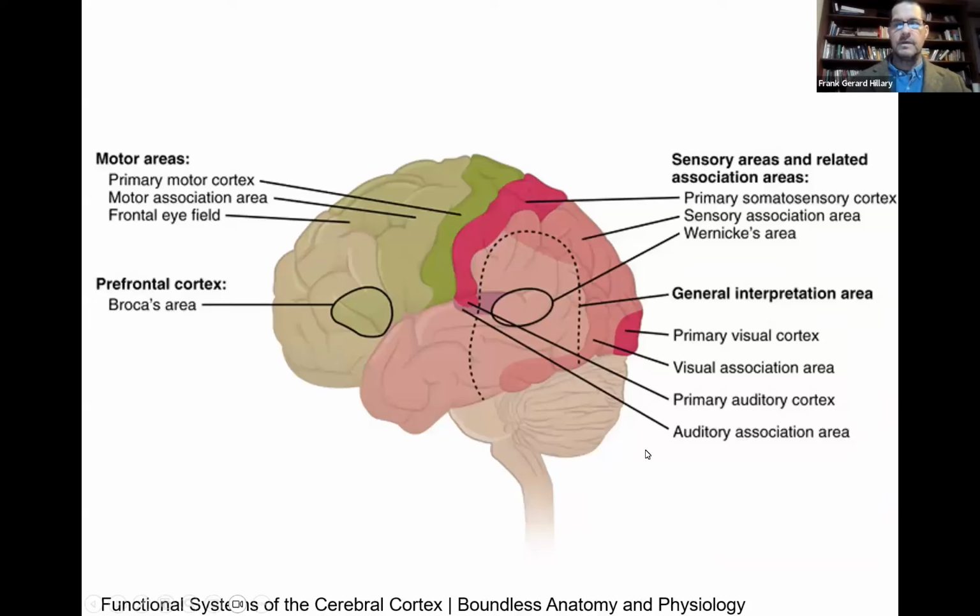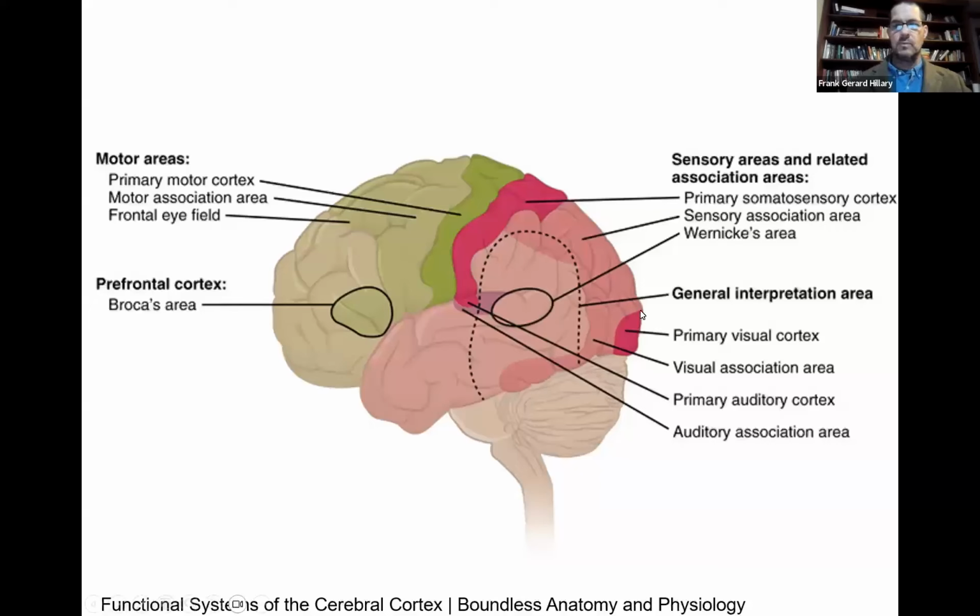Those are the primary areas. What you'll find is the association cortex fills in all around these areas, and similar types of information are processed in nearby locations. The brain's organized so that similar types of information are nearby. You don't want to be jumping all around the brain in order to process what is in front of you, or what food tastes like, or what sound you just heard.